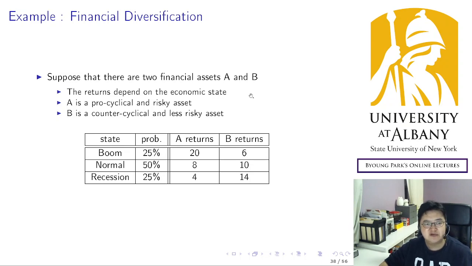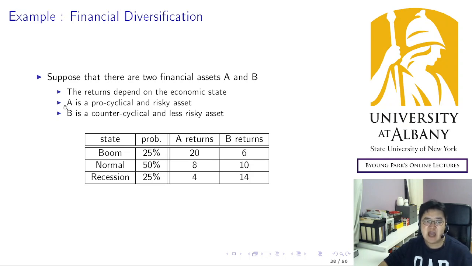So for example, say the economic state is the market situation, which can be in three different situations: boom, normal, or recession. So it can be good or normal or bad, and depending on the state, each asset's return is determined.